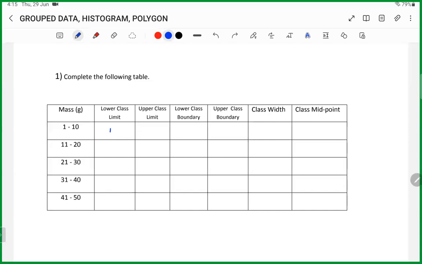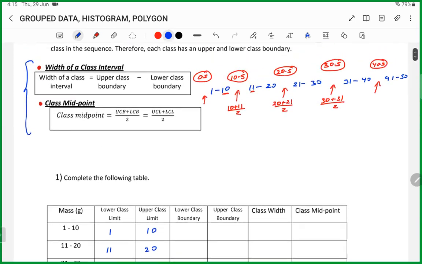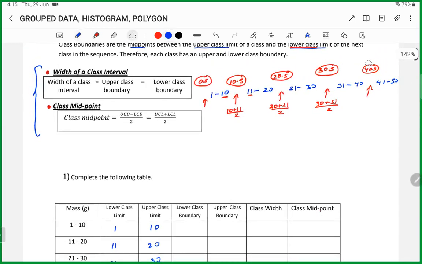Okay, so the lower number is the lower class limit. The higher number is the upper class limit. Right? That's easy. And then the boundaries, let me bring that down a little bit.